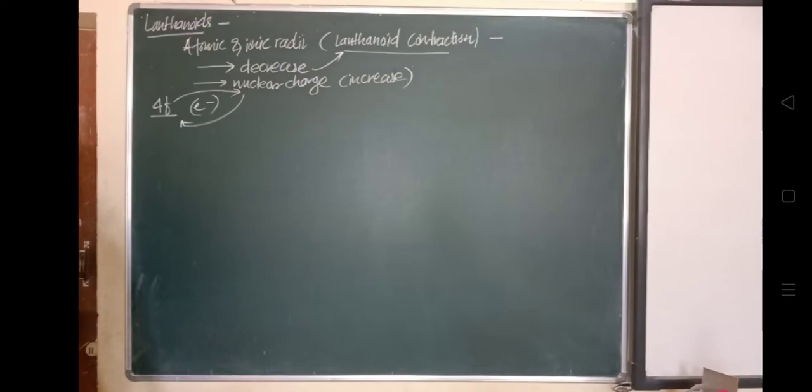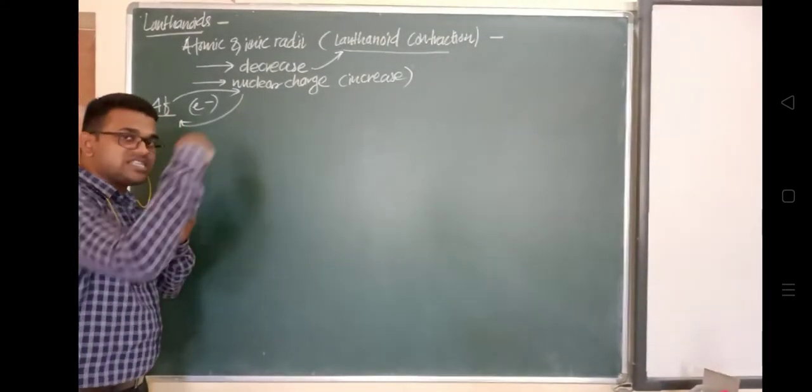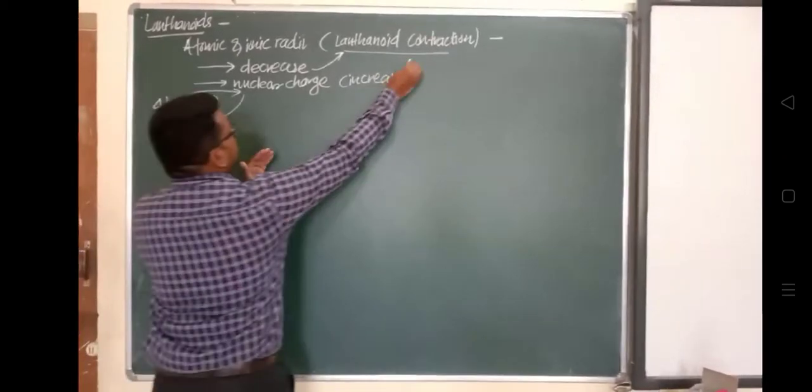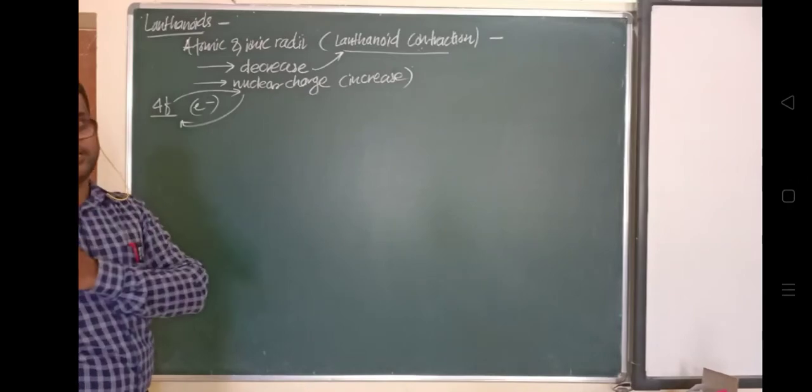As a result, the whole 4f electron shell contracts at each successive element. Electrons keep entering the 4f subshell and there will be contraction, and due to this contraction there is a decrease in atomic and ionic radii.